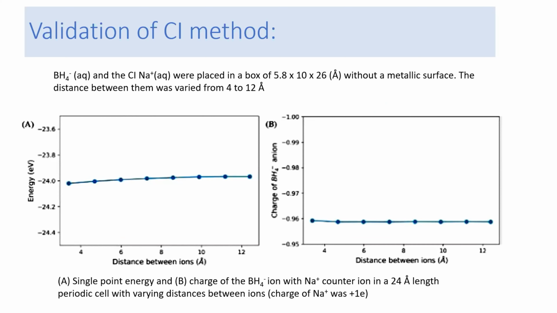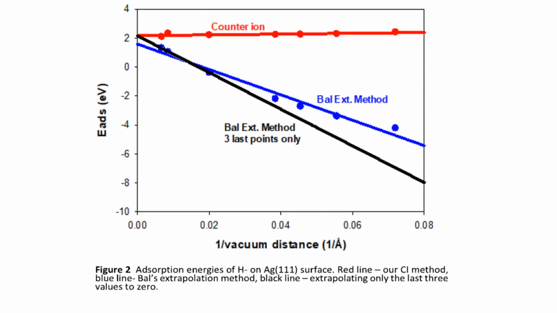So what did we do? First of all, we wanted to be sure that we get a correct charge and energy when we have only 2 ions. We took an ion of borohydride and the counter-ion sodium ion.